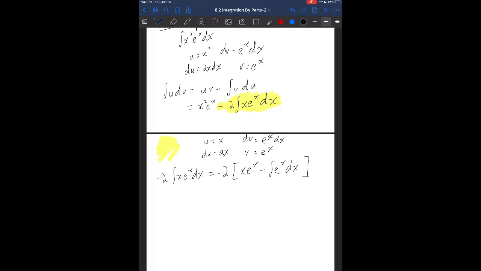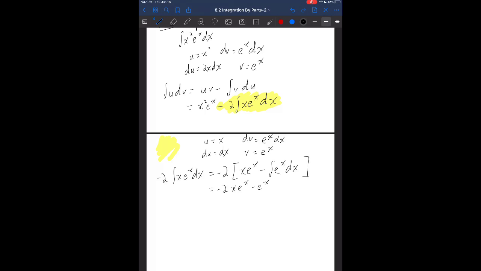And this is great, right? We've now reached a point where the integral we have in our equation is something we are able to solve. So this is -2 x e to the x, and the integral of e to the x is e to the x, so minus e to the x.